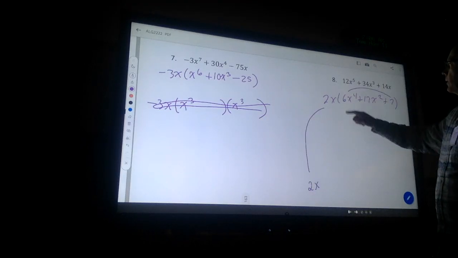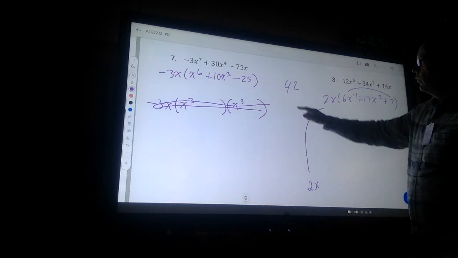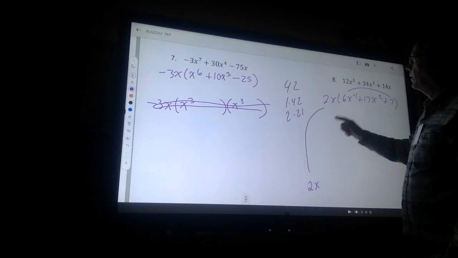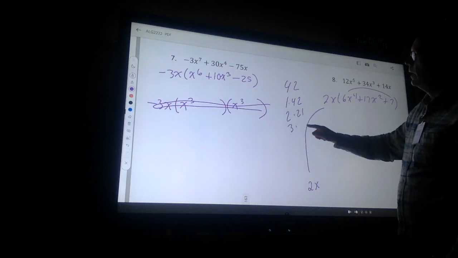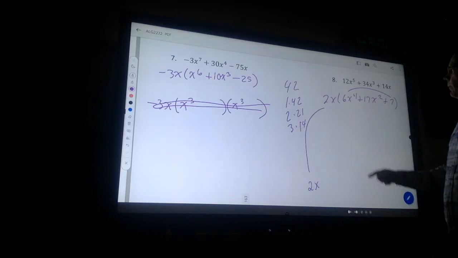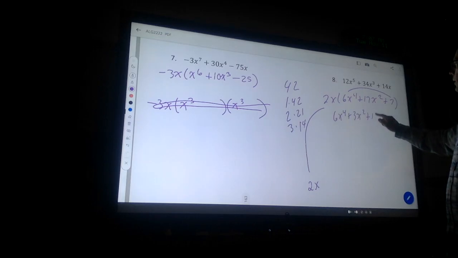If I multiply the first and the last, I get 42. Factors of 42 are 1 and 42, 2 and 21. We're trying to get to 17, 3 and 14. That's going to work. So we're going to go 6x to the fourth plus 3x squared plus 14x squared plus 7.